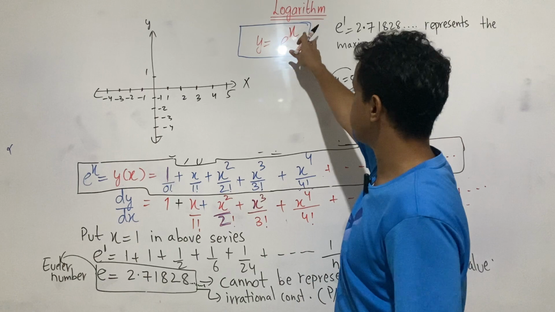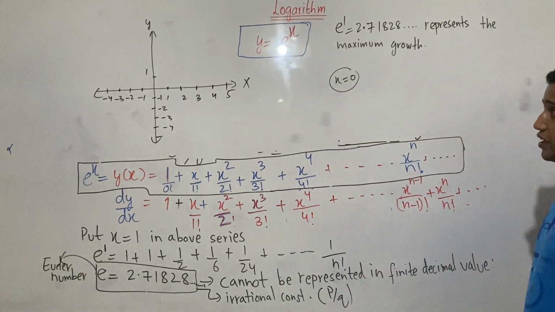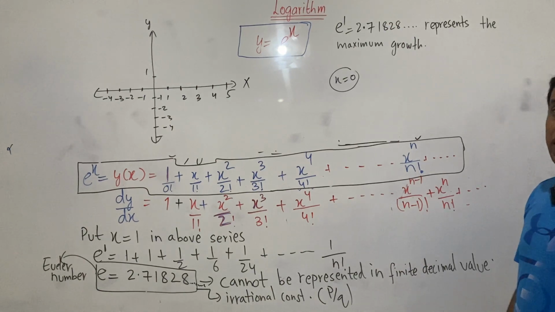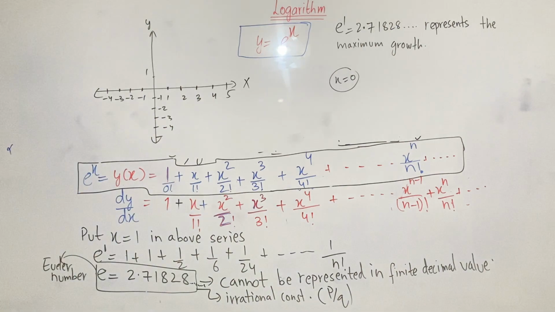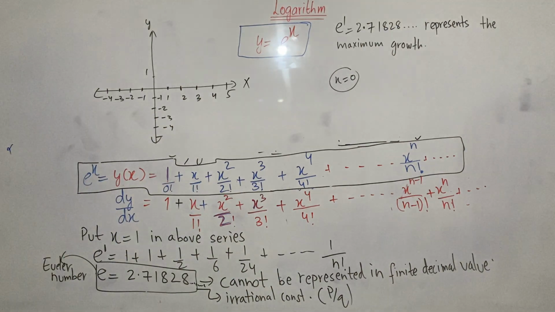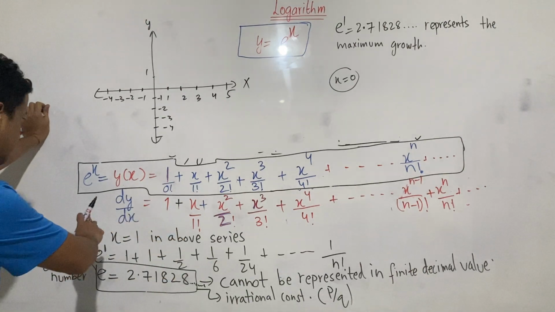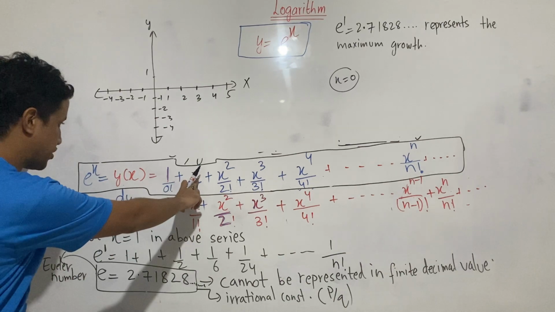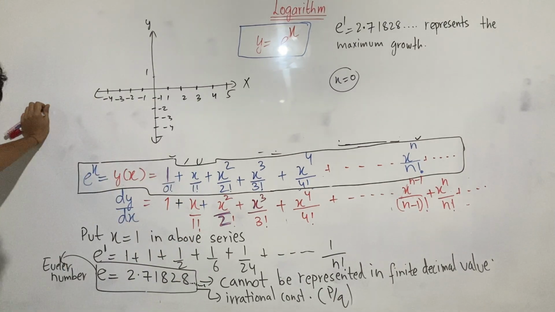If you put x equals 0, then your y is going to be 1.